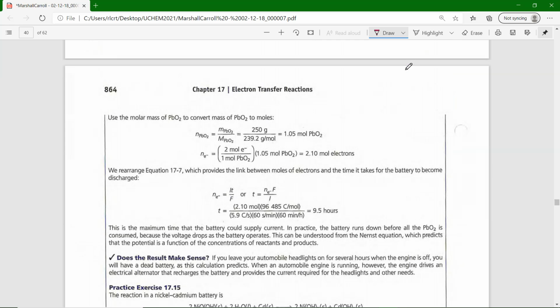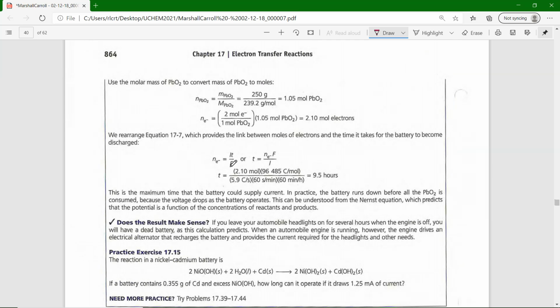So the time needed is moles of electrons times Faraday's constant over the current. So 2.1 moles times 96,485 coulombs per mole over 5.9 coulombs per second. So that'd be how many seconds, and then they snuck in, I don't like when units are just snuck in there. Get the value in seconds, let's say, and how many hours would that correspond to? That would be a better way of doing it, but they didn't do it that way.